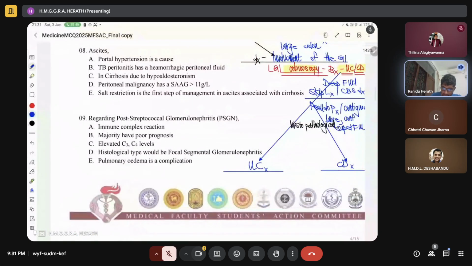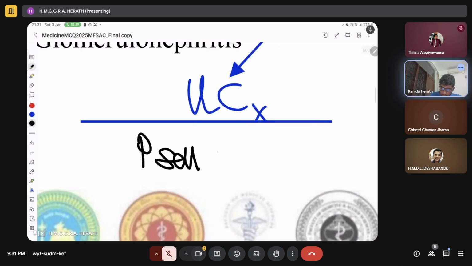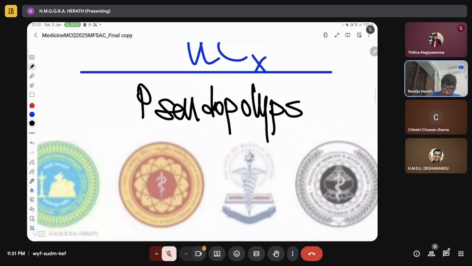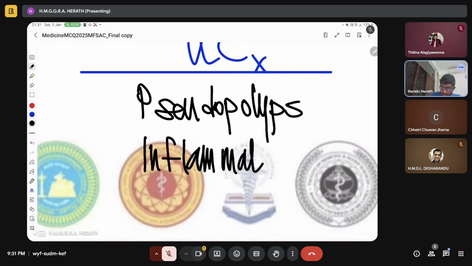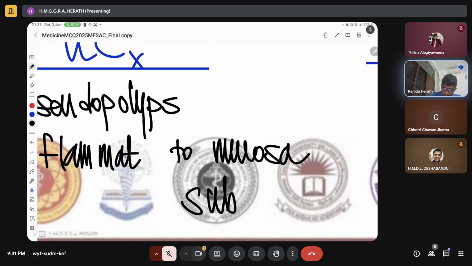What do you see in ulcerative colitis? You can again see pseudopolyps. And then what else can you see? You can see inflammation extending only to the mucosa and submucosa.